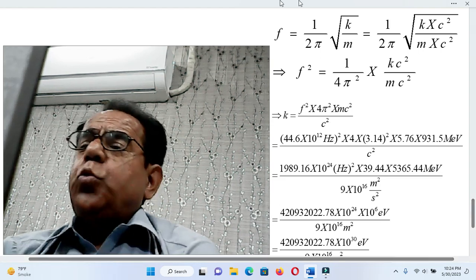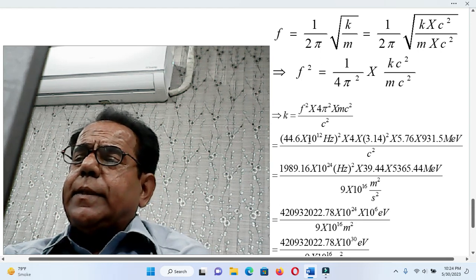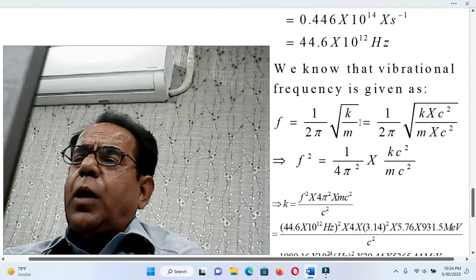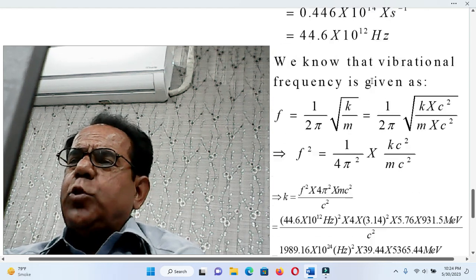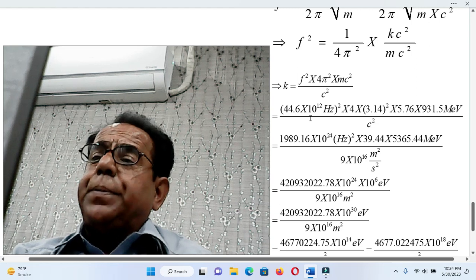So what we do, first we take the square of frequency f which we have calculated above. This is 44.6 into 10 raised to the power 12 hertz. So here the first value has been put, the value of vibrational frequency f.